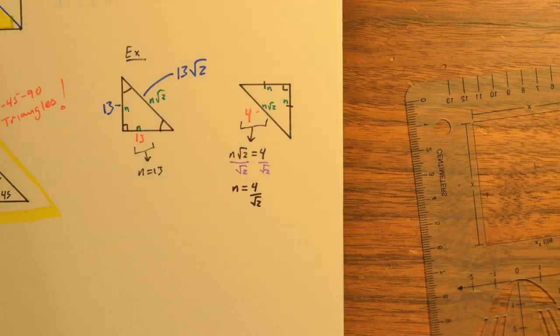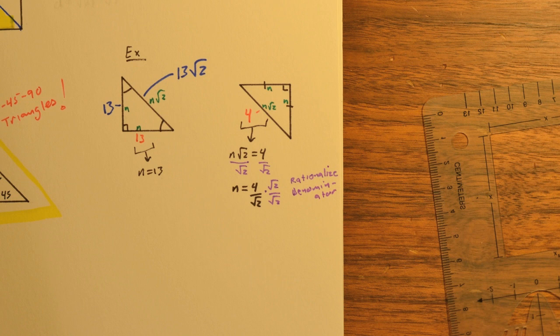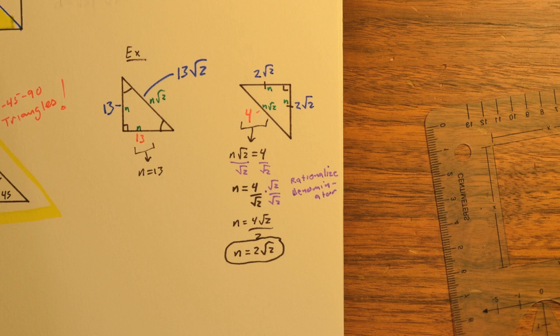Divide by root 2 on both sides, and then we need to rationalize the denominator. We do that by multiplying by root 2 over root 2. And so that simplifies to 4 square roots of 2 over 2, which is 2 root 2. And so now we have our value of n, which means that the two legs, which are congruent, are 2 square roots of 2.